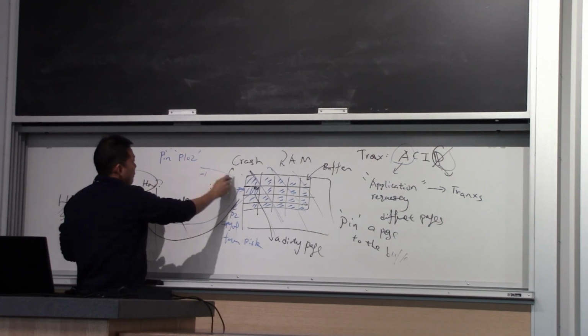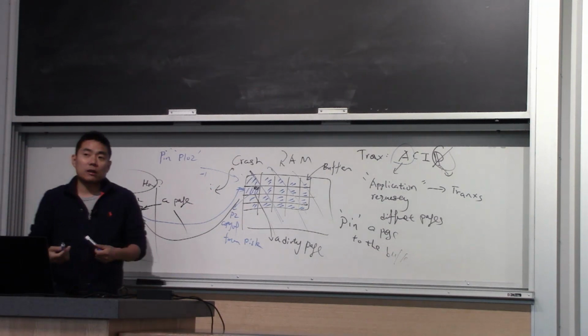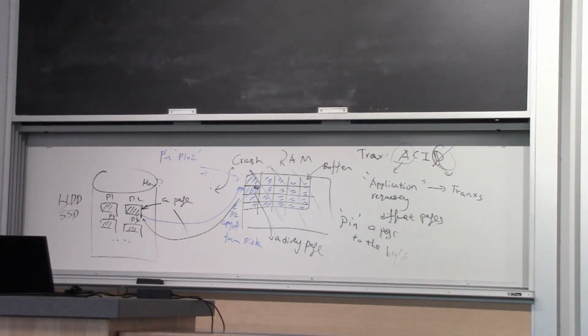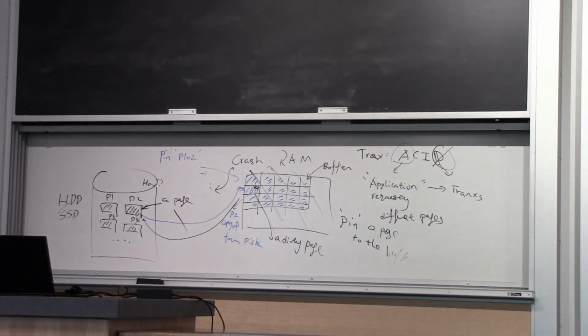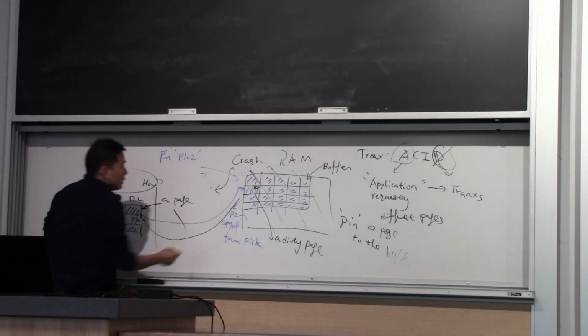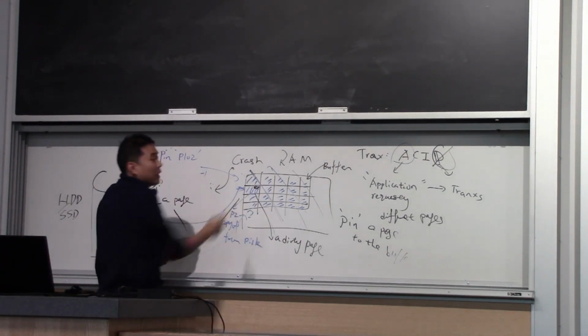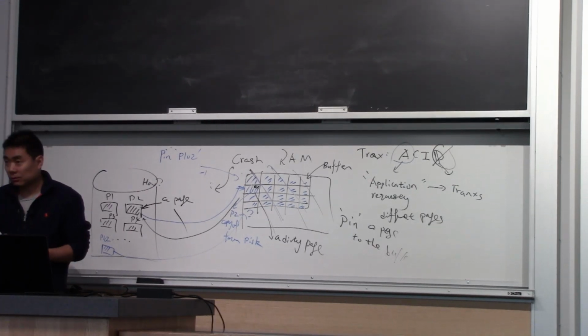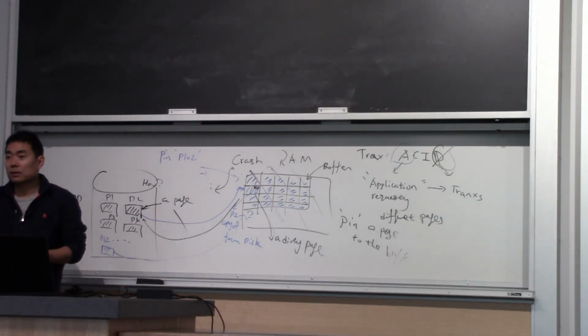And you search through your buffer, and you figure out that page 102 is not there. What do you do? Well, you need to find a frame to replace so that you can fetch page 102 from disk and bring that to the buffer. And the question is which one you kick out. Like I said, you can only kick out those with pin count equal to 0. That I have already explained. Follow that?